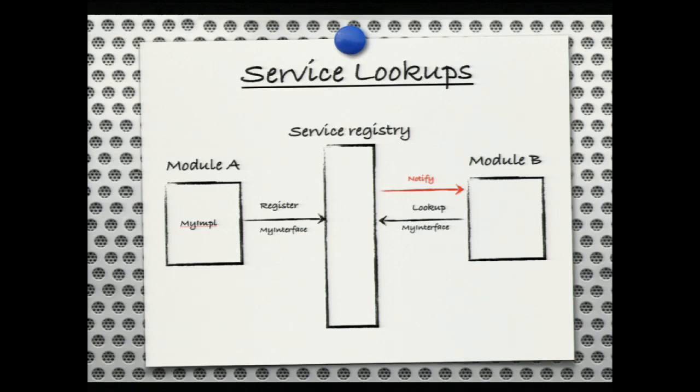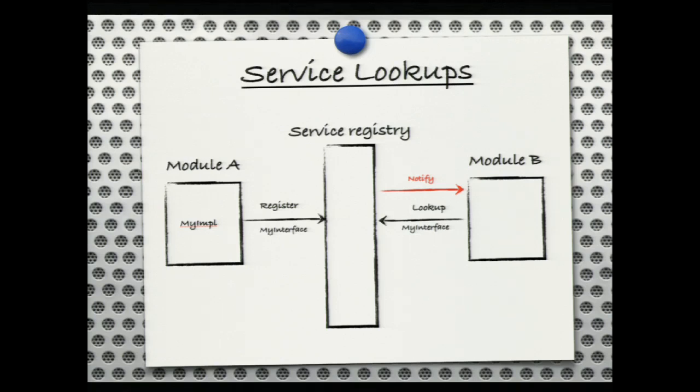So we have a man-in-the-middle, which is the service registry, and then we have a module A, which registers an implementation of some sort using the interface at the service registry. Right? And then other parts of your application, in this case module B, can do a lookup at the service registry and say, okay, I need something of this type, and this type being the interface. And then the service registry starts looking for it, and if it has an implementation, it just returns you the implementation.